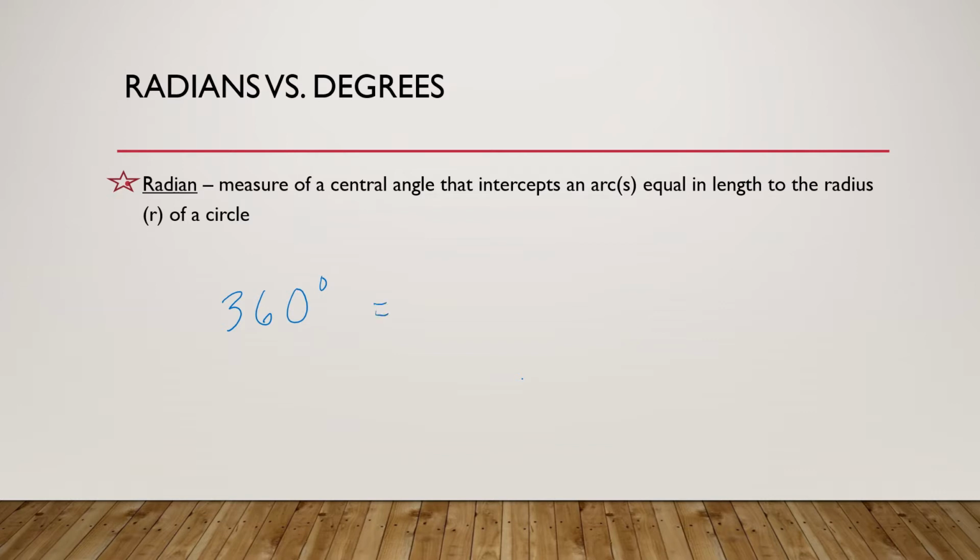And then radians, the number you need to remember, there are 2 pi radians for every circle. So if you keep in mind that 360 degrees is equal to 2 pi, we could also divide by 2 here and say that 180 degrees is equal to pi radians.